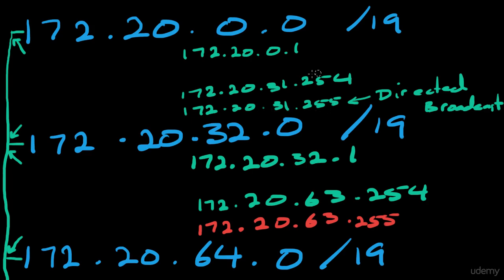The last valid IP, therefore, is the one right before the directed broadcast IP, 31.254. For the 20.32 network, the first IP is 32.1. The next network ID is 64.0. Therefore, the directed broadcast IP is 63.255, and the last valid IP address is 63.254.